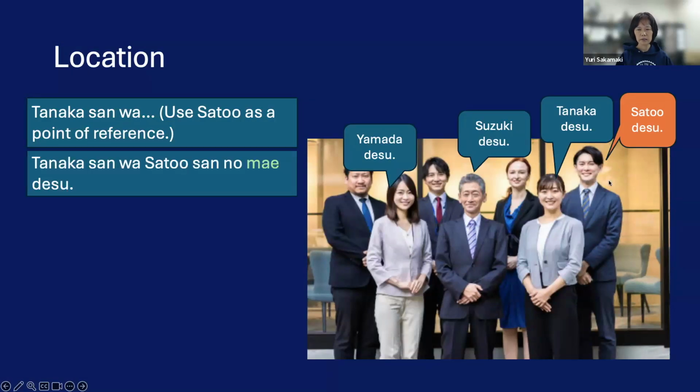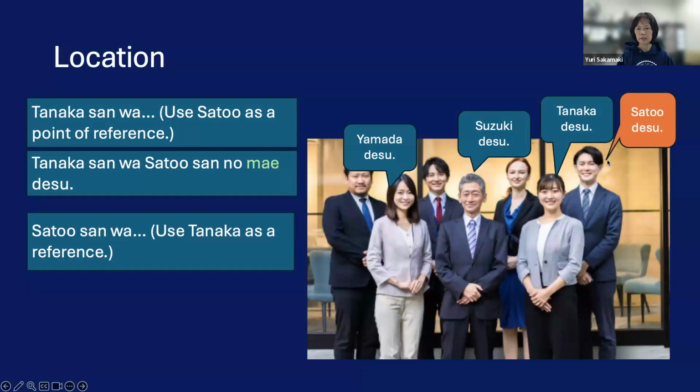Tanaka-san wa Sato-san no mae desu. It's Sato's front. That's how we would say in front of Sato-san. So we're talking about Tanaka-san, where she is in relation to Sato-san.